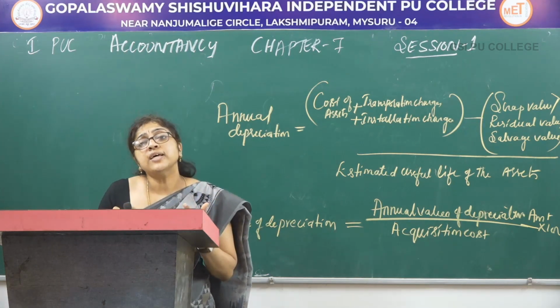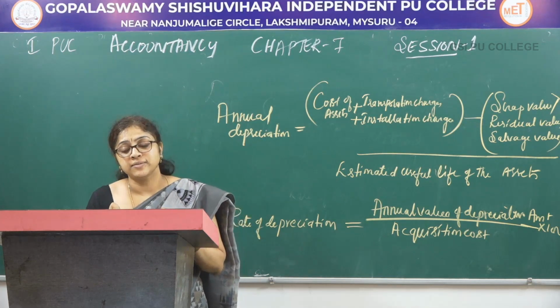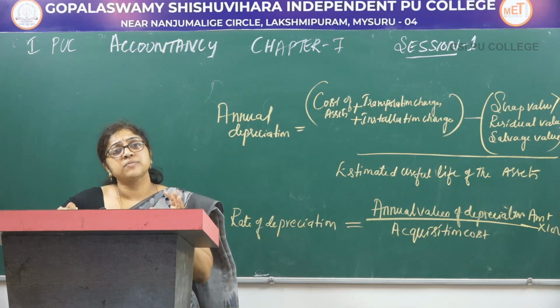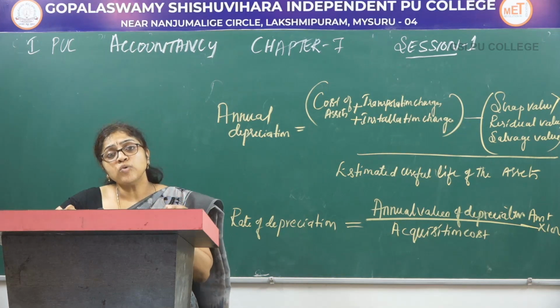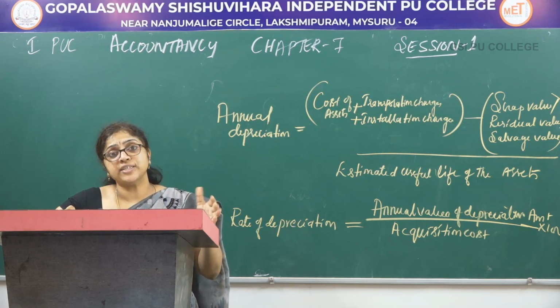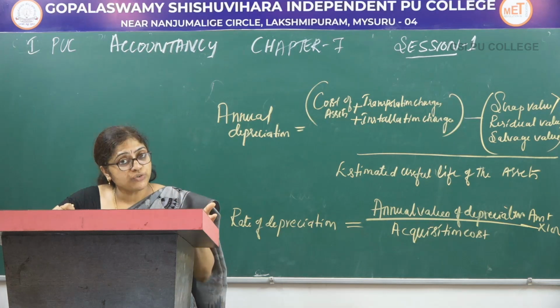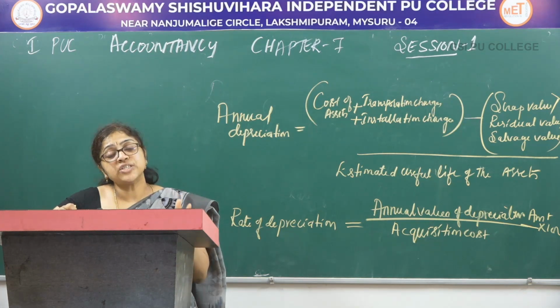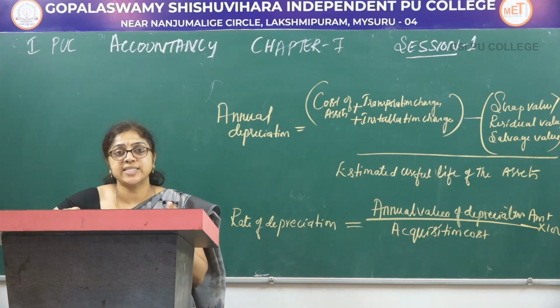Then what are the limitations of straight line method? This method is based on the faulty assumption of same amount of utility of an asset in different accounting years. Secondly, with the passage of time, work efficiency of the assets decreases and repair and maintenance charges increase.